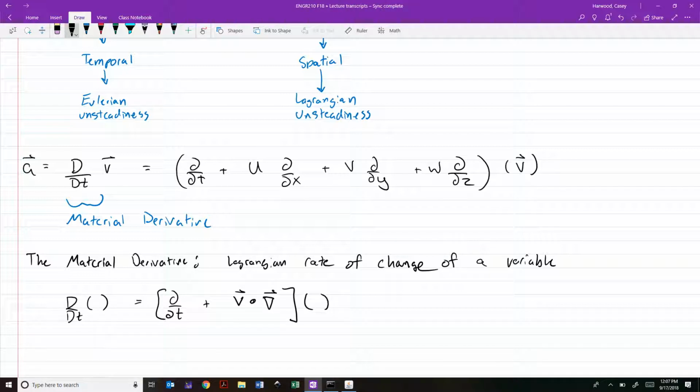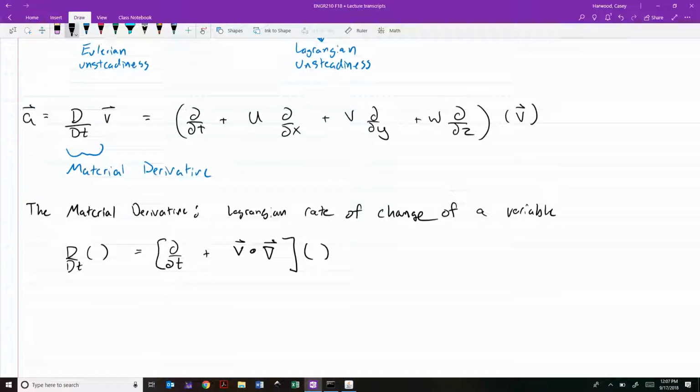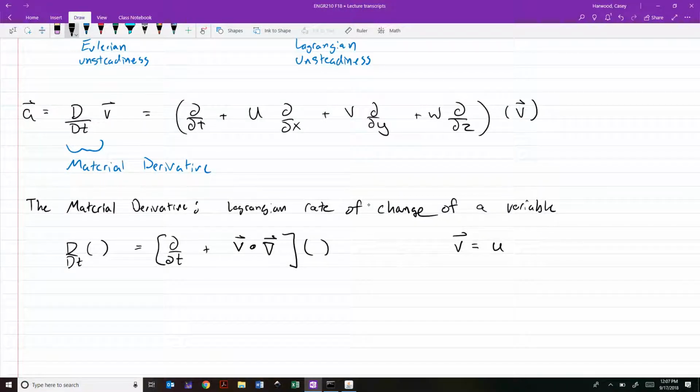Before we start panicking because now we've got vector formulations in here, recognize that the dot product is simply saying: the x components of the two multiplied together, added to the y components of the two multiplied together, added to the z components of the two multiplied together. So if we've got v, this is u i plus v j plus w k. And our gradient operator is a way of writing the rates of change in x, y, and z, but each one assigned a unit vector.